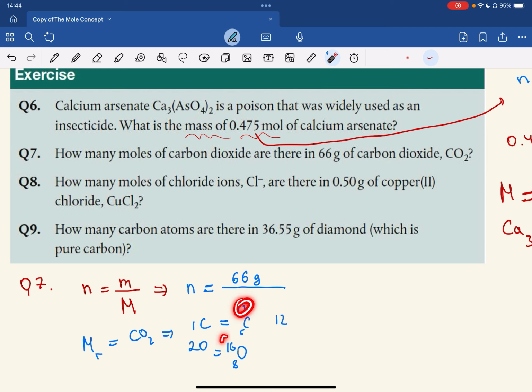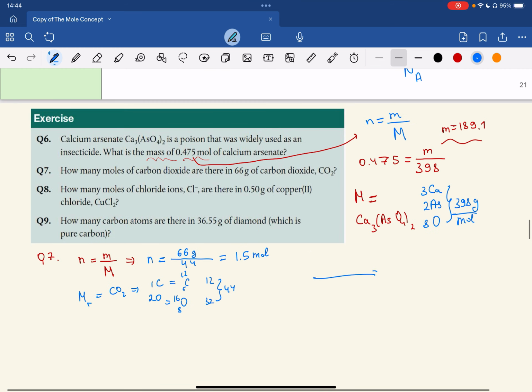Always remember to choose the highest number. So 16 times 2, 32. Overall mass will be 44. It will be equal to 66 divided by 44. The answer should be 1.5 moles.